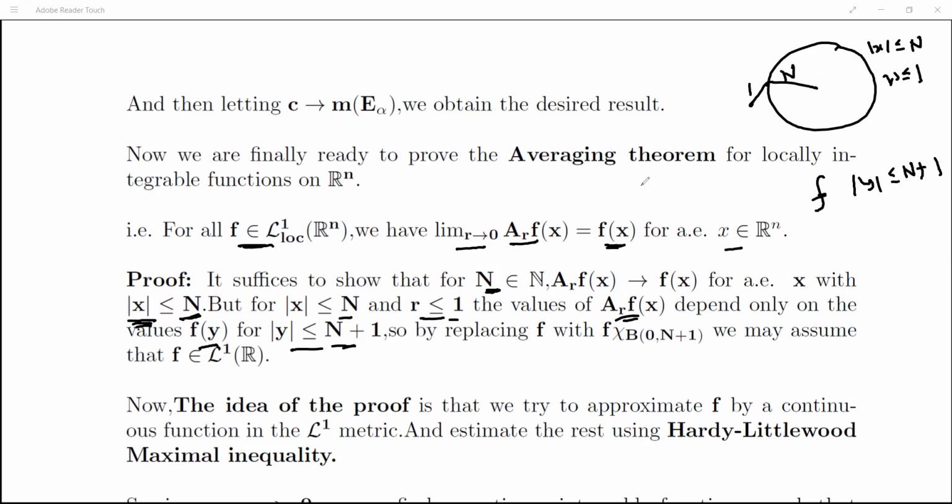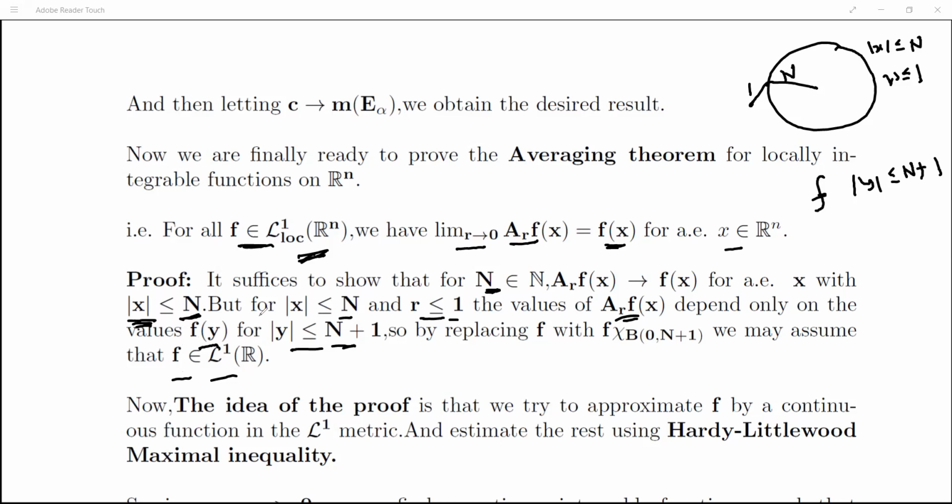It's given that your f is locally integrable. So by replacing f by f times the indicator of the ball of radius n plus 1, you can assume that f belongs to L^1(R^n). So we just use this to simplify the problem. Without loss of generality, you can assume that f is L^1 instead of locally L^1.